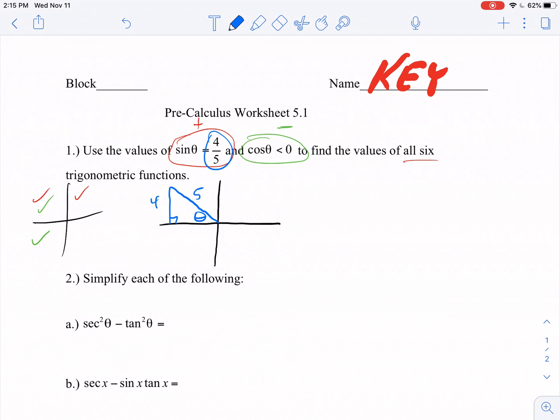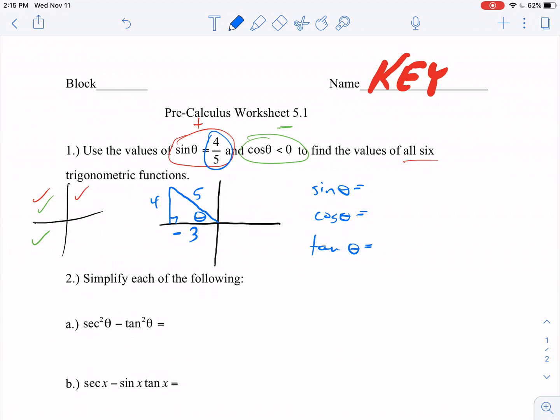Otherwise you have to do Pythagorean theorem, but the missing side is 3. In my diagram though, it's going to the left, so we have to make sure to put that negative sign on it.